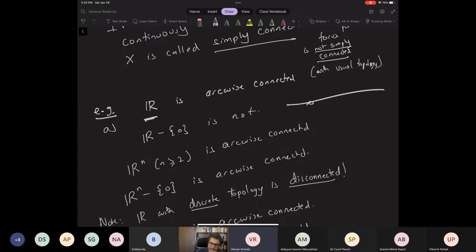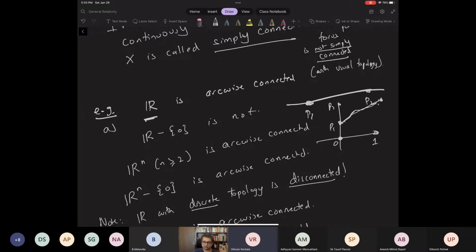That is, if I take any two arbitrary points P1, P2 on R, I can always find a continuous map from [0,1] to R where 0 maps to P1 and 1 maps to P2.